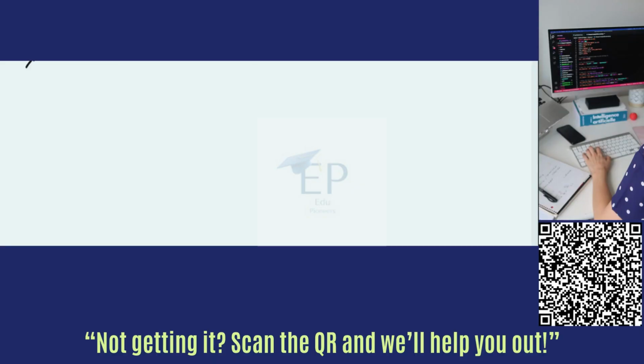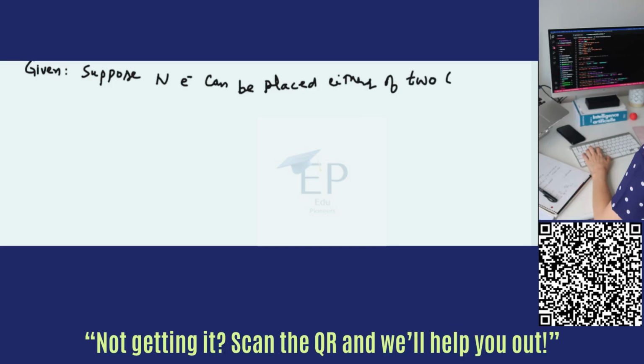Hello friends, here it is given. Suppose n electrons can be placed in either of two configurations.